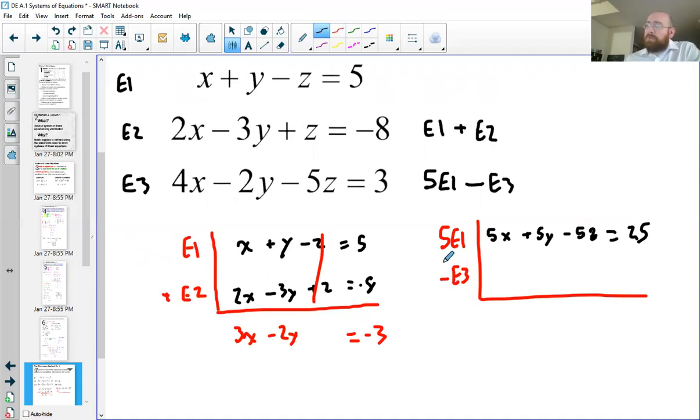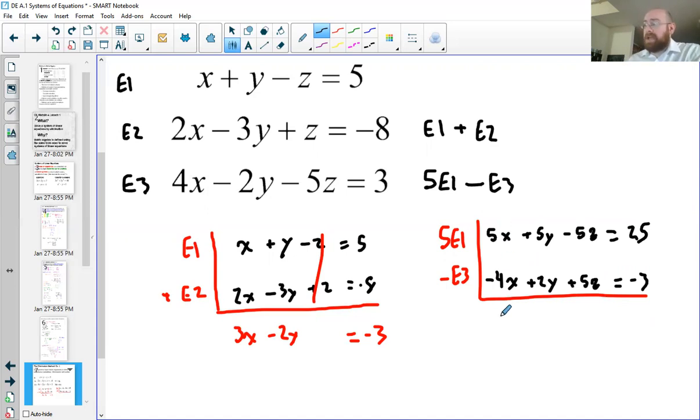I could either multiply equation 3 by a negative sign and add, or I can make sure to subtract each term. I prefer adding. So what I'm going to do is change all of the signs. So negative 4x plus 2y plus 5z equals negative 3. And now all I have to do is add.